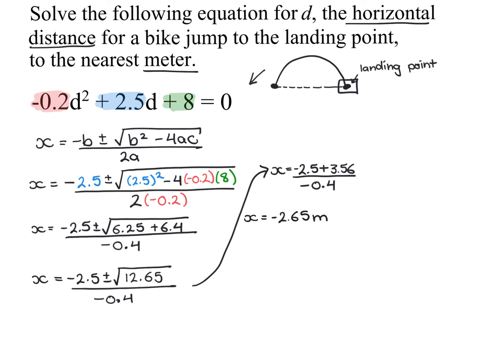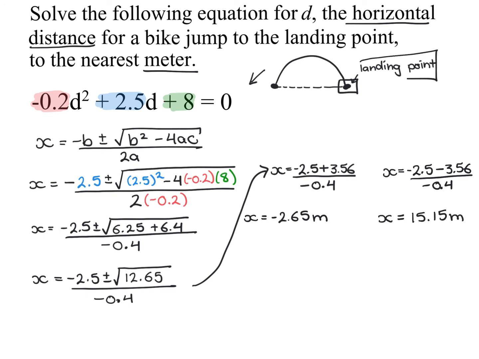And because it's in meters, don't forget to write that. Now the second root is going to be negative 2.5 minus 3.56 over negative 0.4. Now if I were to calculate that all together, I would come with about 15.15 meters as my answer.